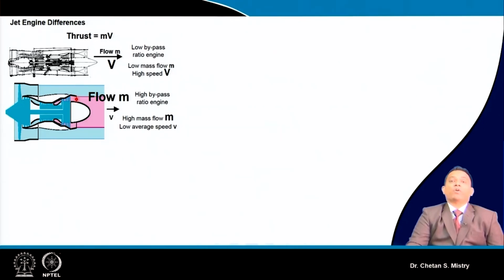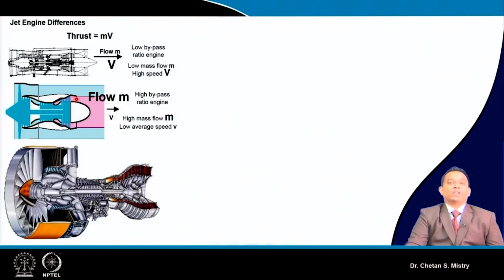We have discussed the advantages of high bypass ratio and low bypass ratio engines, so we will not discuss that again here, but let's try to understand what we are looking for in the future. So in this case, this is our high bypass ratio engine.